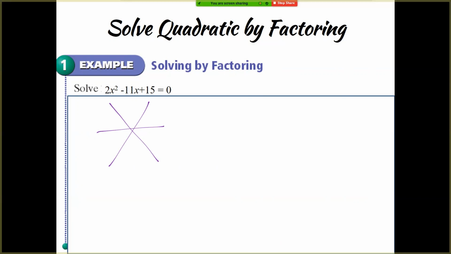Remember to fill out your asterisks, the first number goes top left, top right. There's 2 and 2. B goes to the bottom, so the bottom middle is -11. And the tricky part for the top middle, you've got to multiply the first number times the last number, A times C. So 2 times 15 gives us a value of 30.